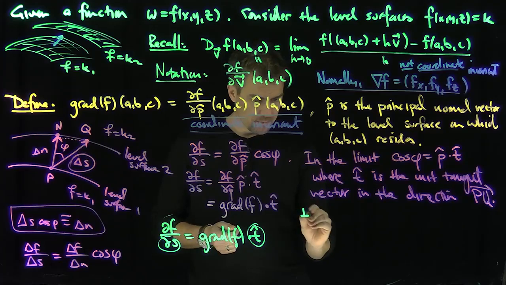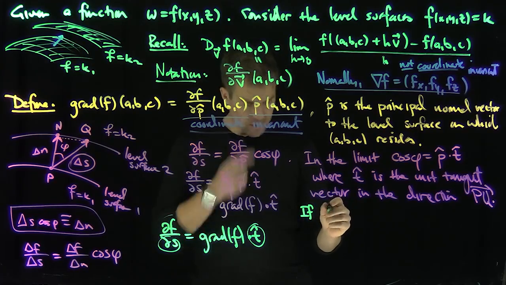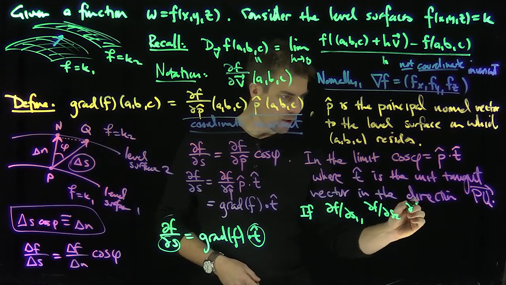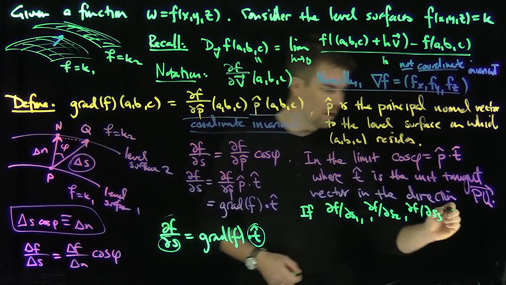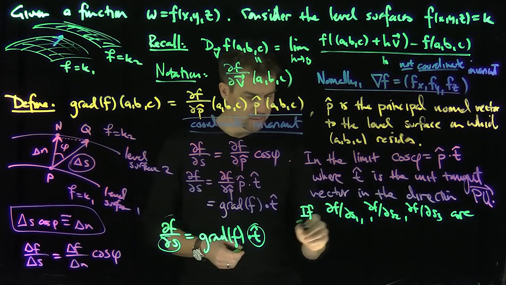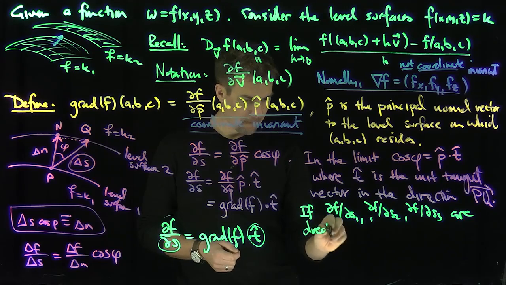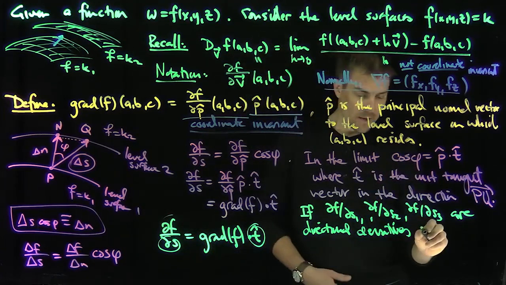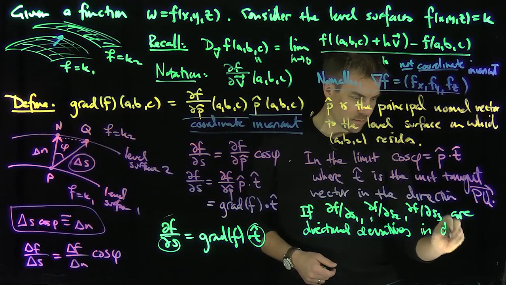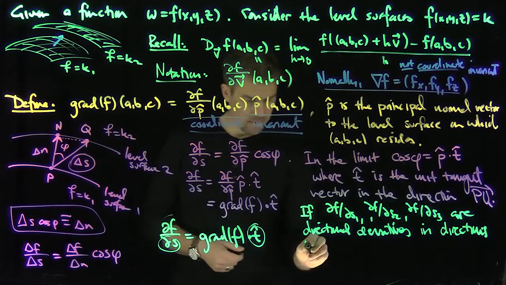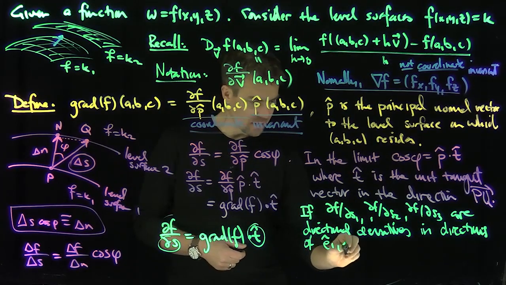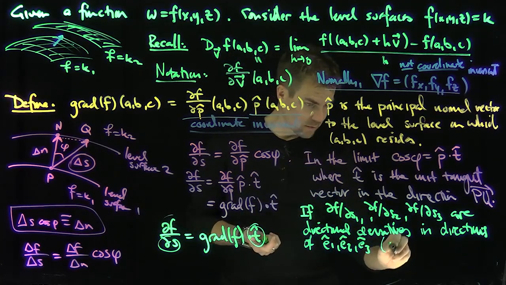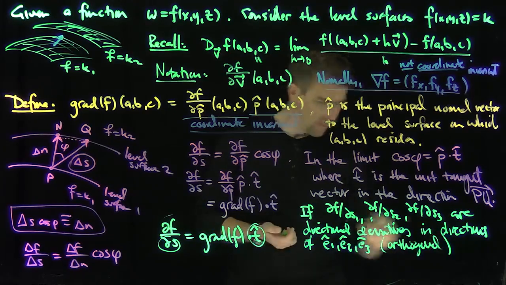So if partial f partial s1, partial f partial s2, partial f partial s3 are directional derivatives in the directions of E1 hat, E2 hat, E3 hat, a collection of orthogonal vectors, then what can I say?